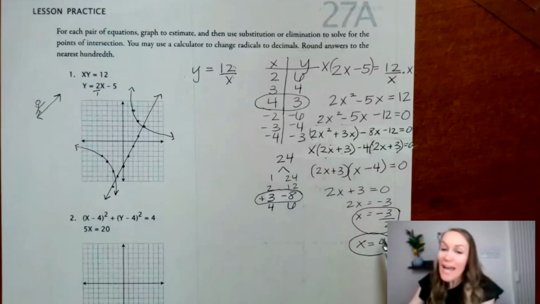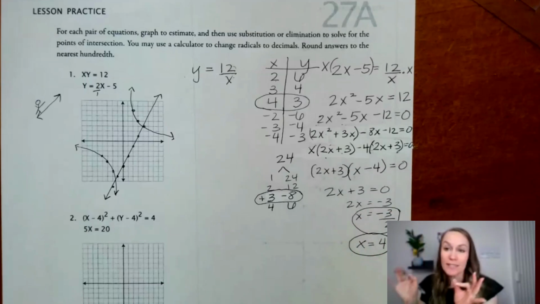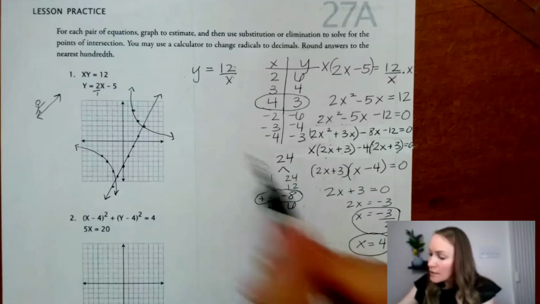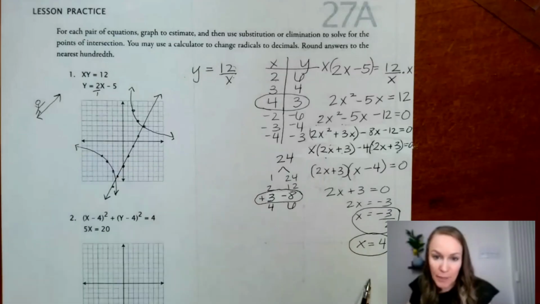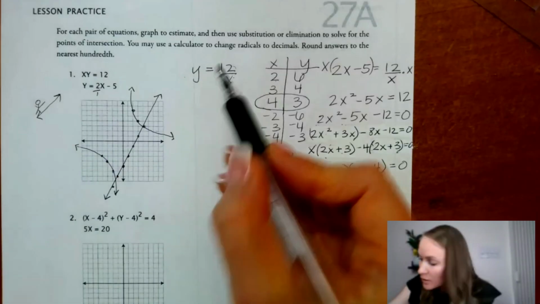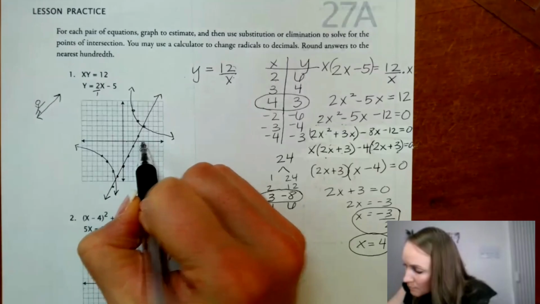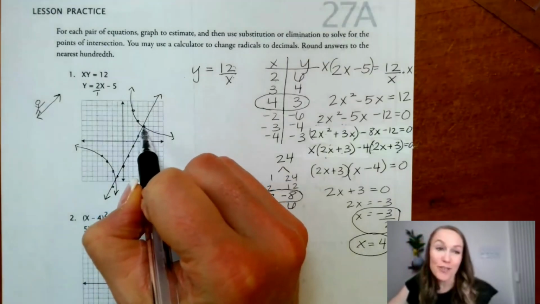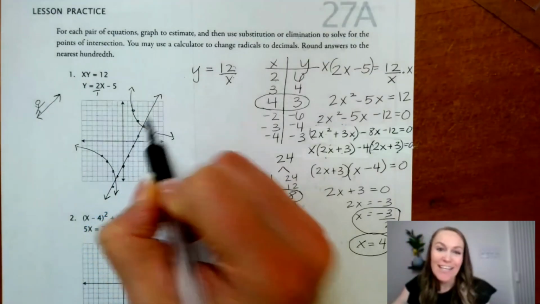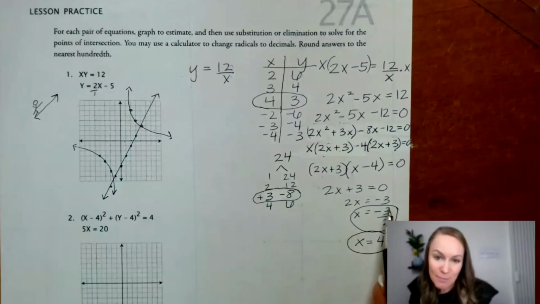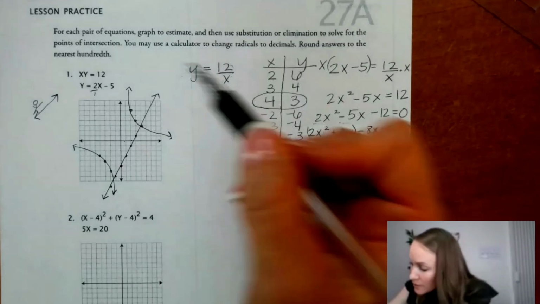Okay, so now I have two possible solutions for x. So this makes sense because if I look at my graph, my solution of x equals positive 4, I should get a 3 for y. And then for this part, this is negative 3 over 2. So that's negative 1.5.